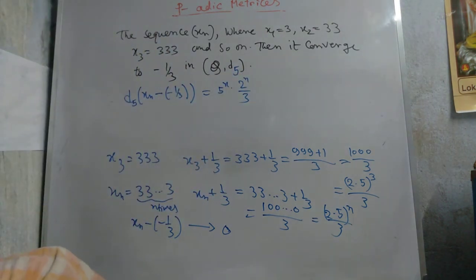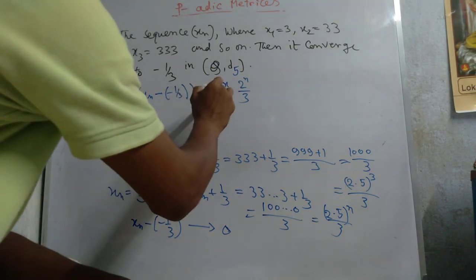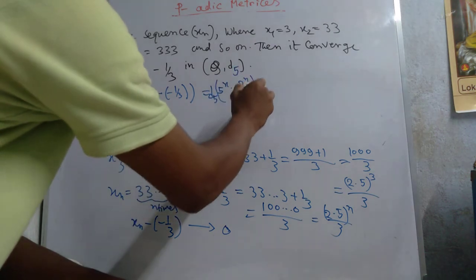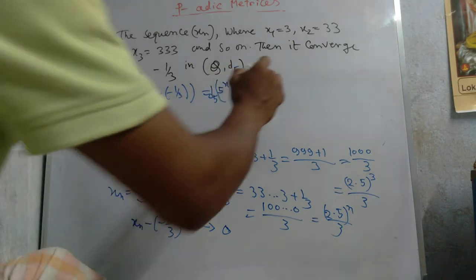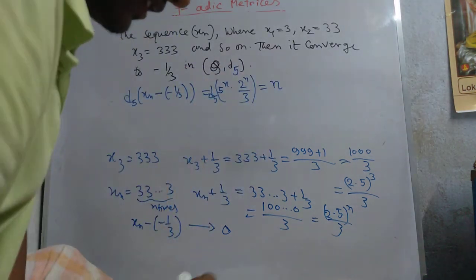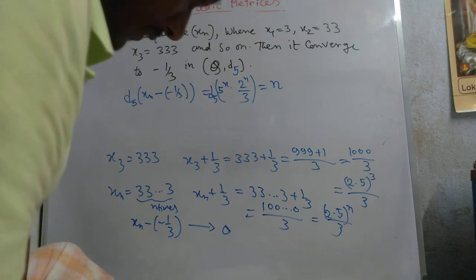Then this equals d_5 of this, which equals n. Understand? This equals n.